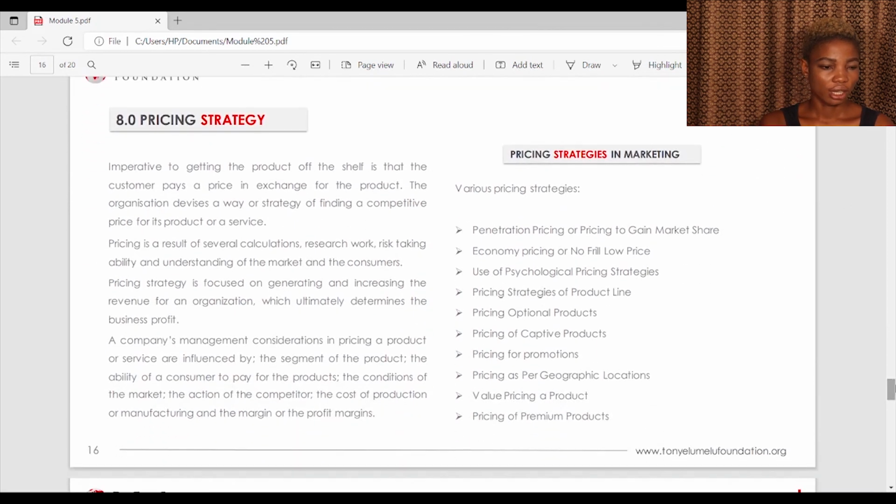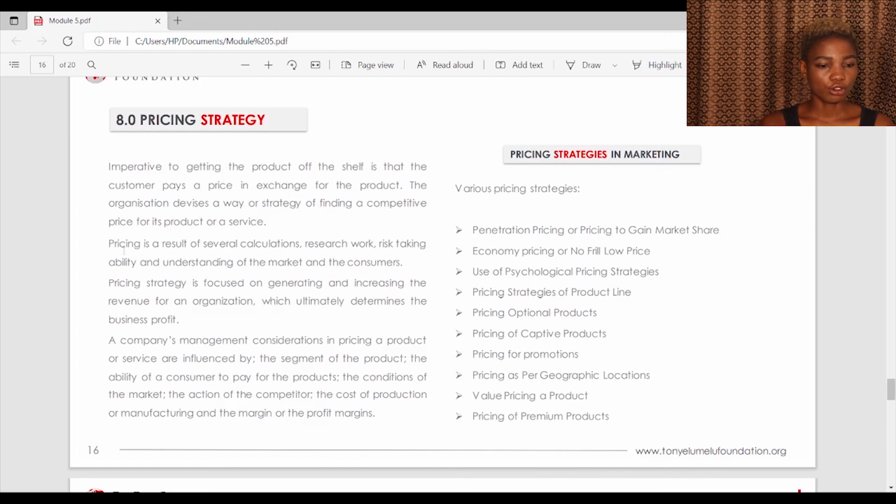Pricing strategy. Imperative to getting the product off the shelf is that the customer pays a price in exchange for the product. The organization devises a way or strategy of finding a competitive price for each product or service.